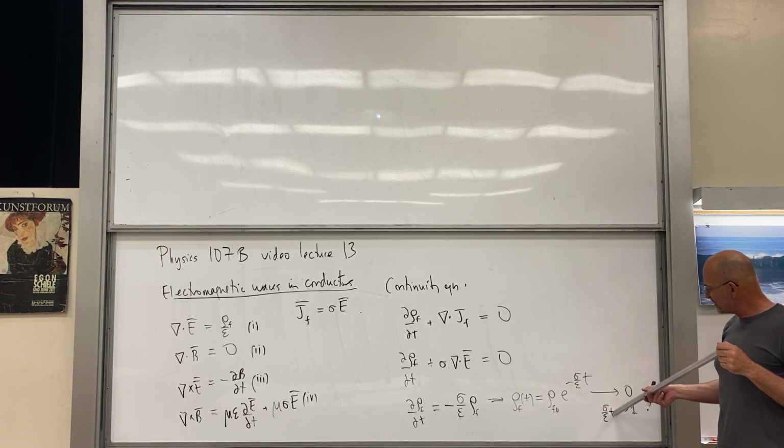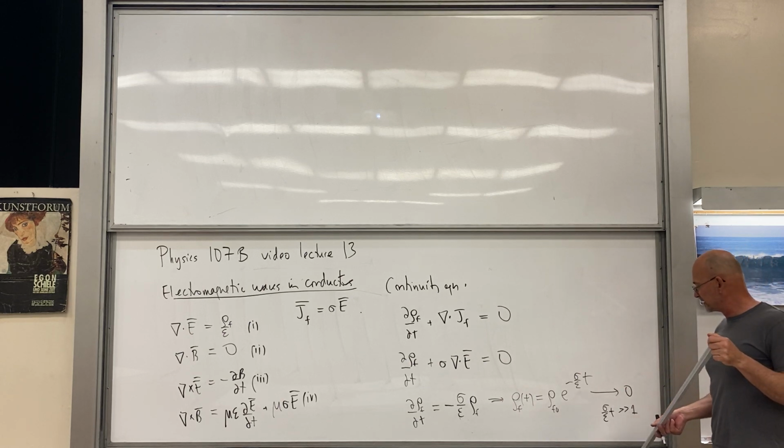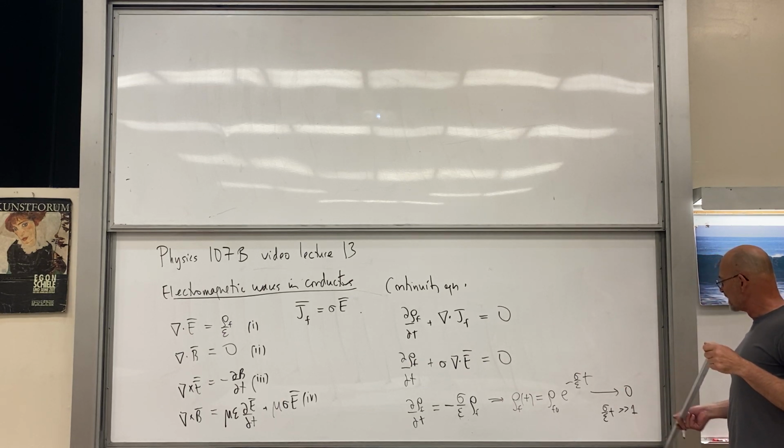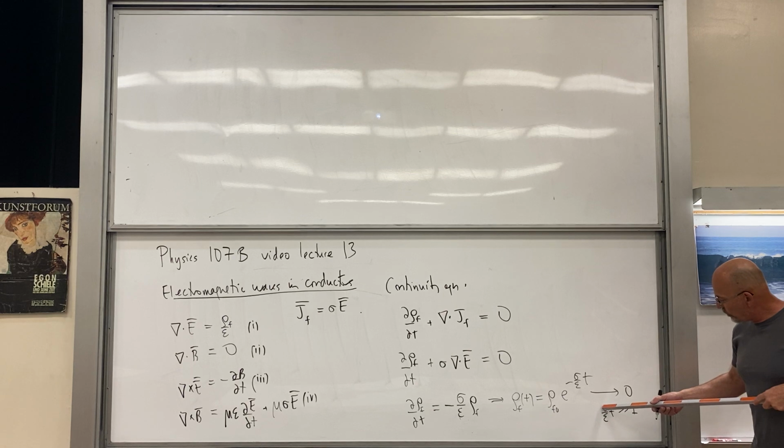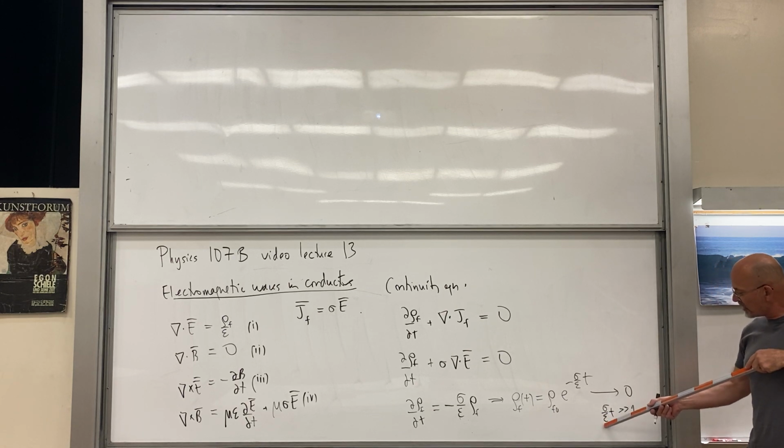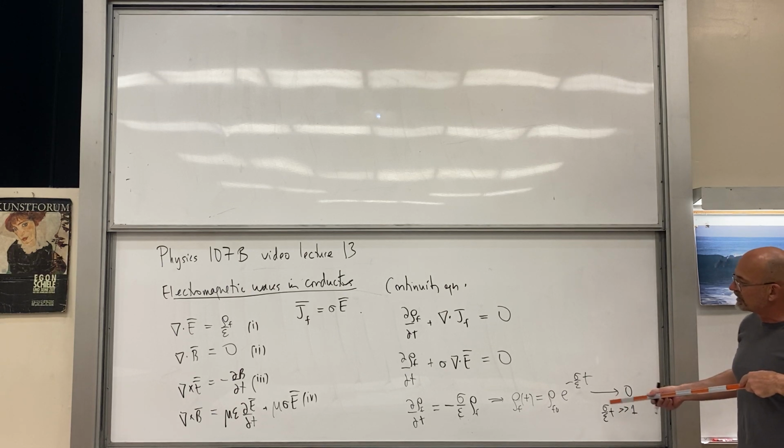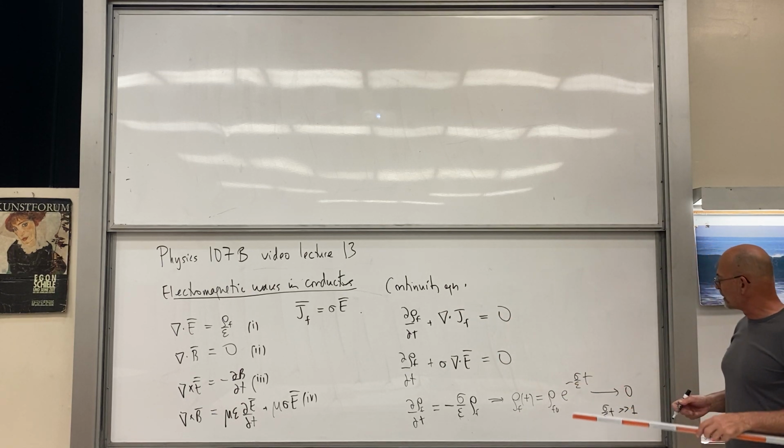If there's a time scale, then a frequency is just the inverse of that time scale. Which is to say, if omega is much less than sigma over epsilon, we also have this condition fulfilled. And the omega will come into play when we set up our wave equation.